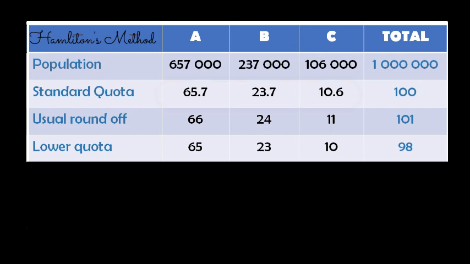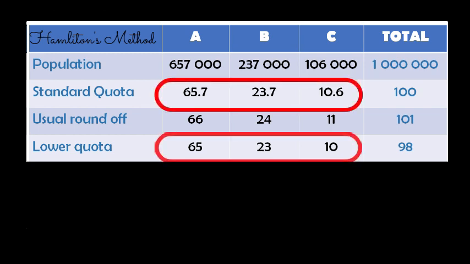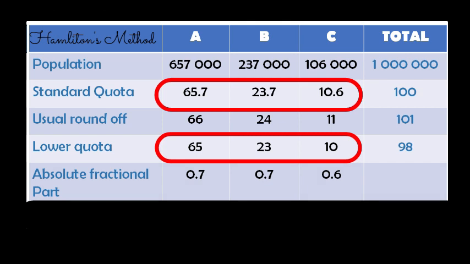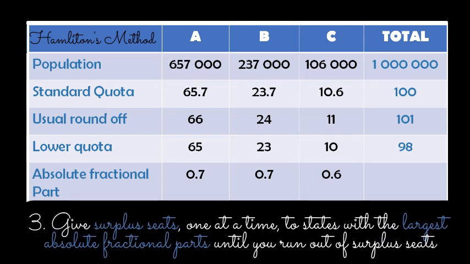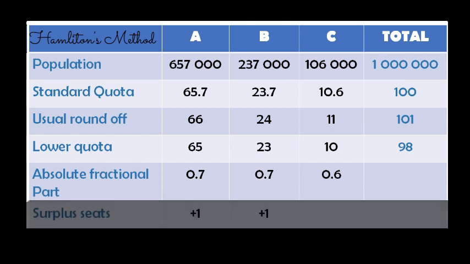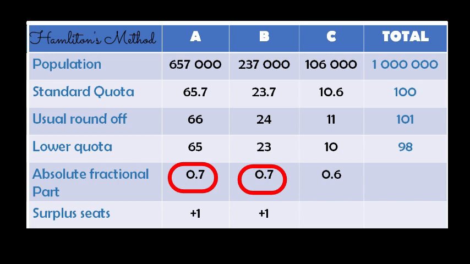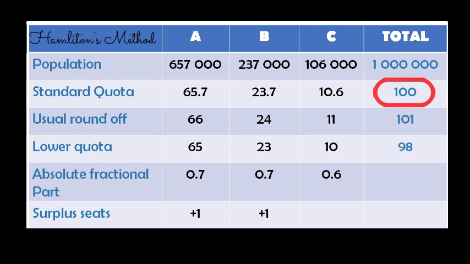We subtract the lower quota from the standard quota to get the absolute fractional part. No need to get the total for this one. Then we do the third step of Hamilton's method, which is giving surplus seats one at a time to states with the largest absolute fractional parts until we run out of surplus seats, which is 0.7 under A and B. We can only assign 2 surplus seats since we only have 100 seats to apportion to the 3 states, and our total lower quota is 98, thus 2 surplus seats.